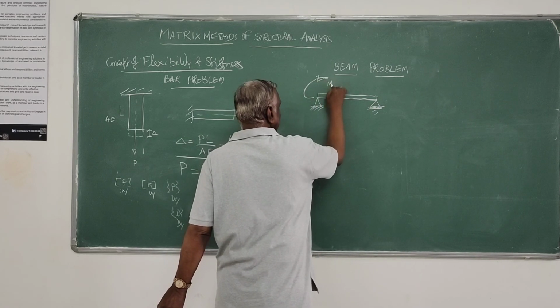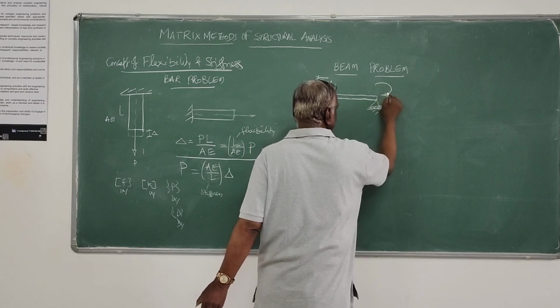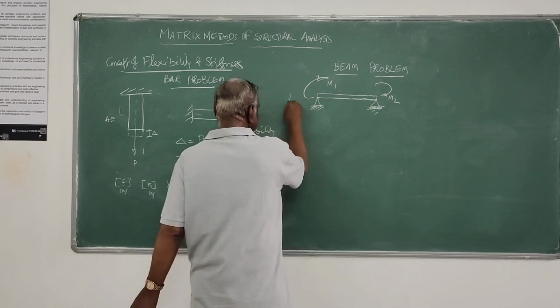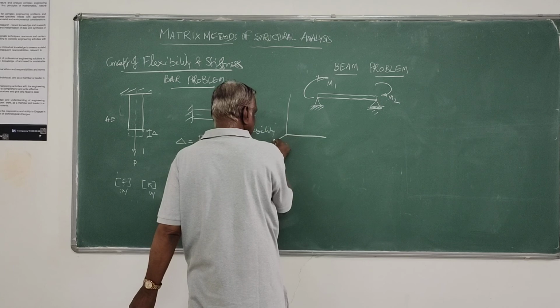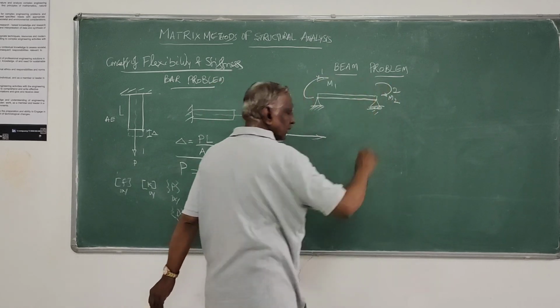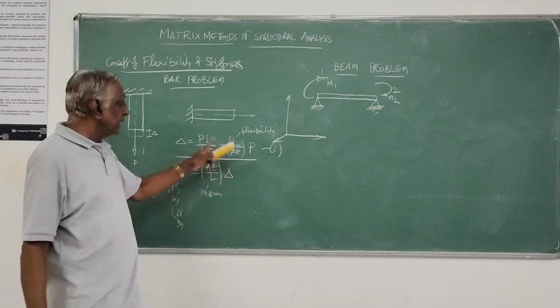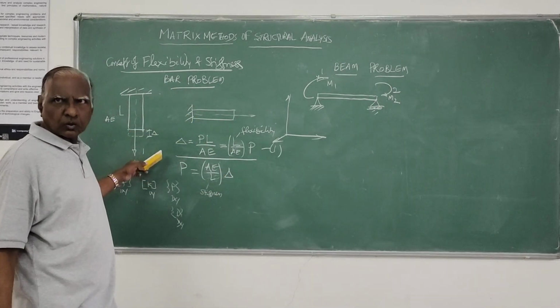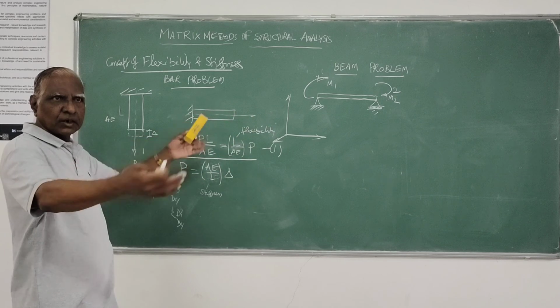Always the moments we take in the clockwise direction as positive with respect to the coordinate system. So this is one coordinate, this is another coordinate. I have considered two coordinates. Here I had considered only one coordinate. Now here I have considered two coordinates.